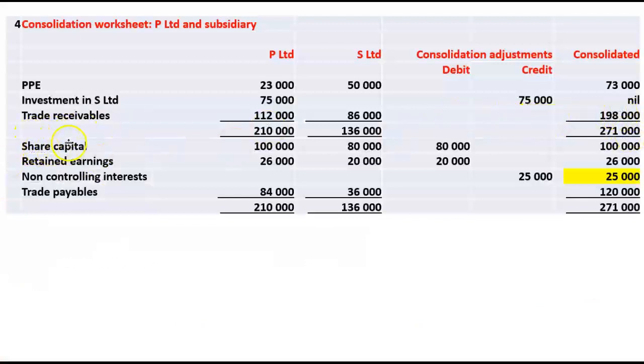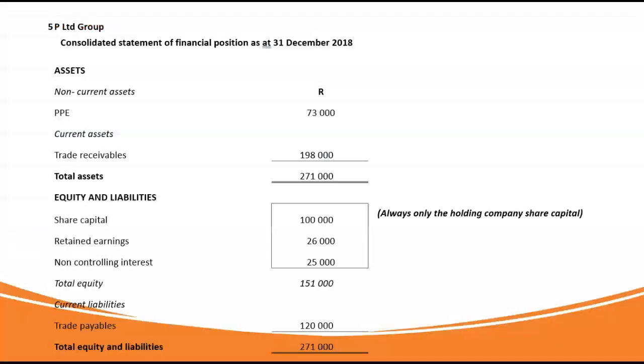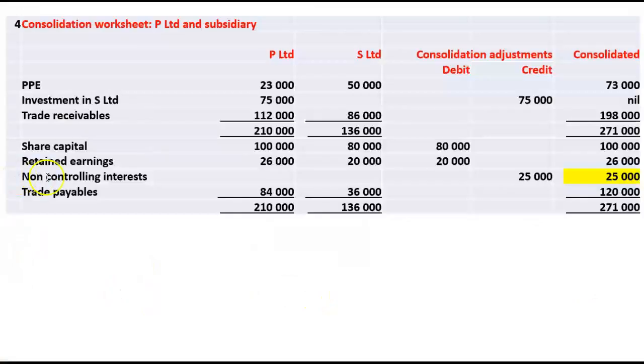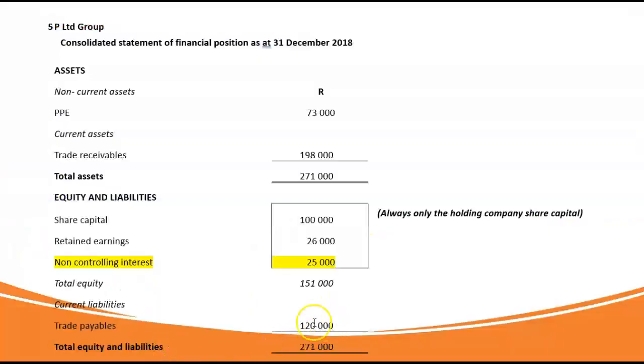Then the equity and reserves: share capital will only be 100,000, retained earnings 26,000, and our non-controlling interest is actually part of our equity account. So non-controlling interest 25,000, that adds up to total equity of 151,000. Current liabilities is my total trade payables of 120,000. And then this balance sheet is actually balancing on 271,000 Rand.